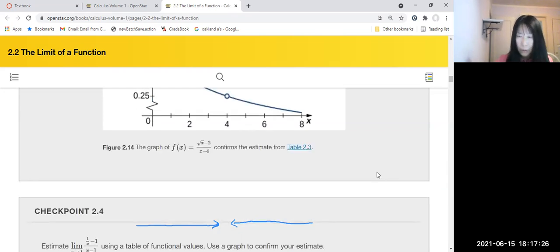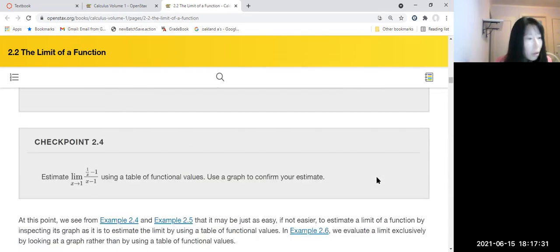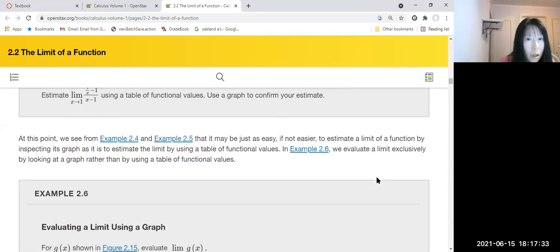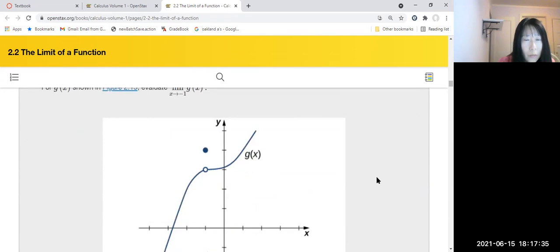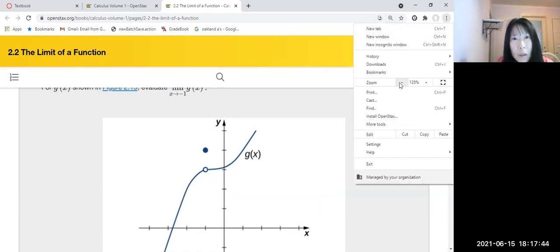How about this one? Now, this time we're going to take a look at the graph. I need it a little bit smaller so we can see everything.